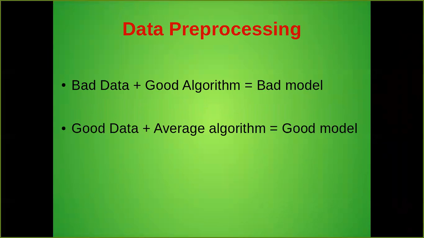The model doesn't get trained on good data, and when it sees unseen data, it predicts wrong answers. So bad data and a good algorithm gives you a bad model, but good data and an average algorithm can still give you a good model if your data is really good.